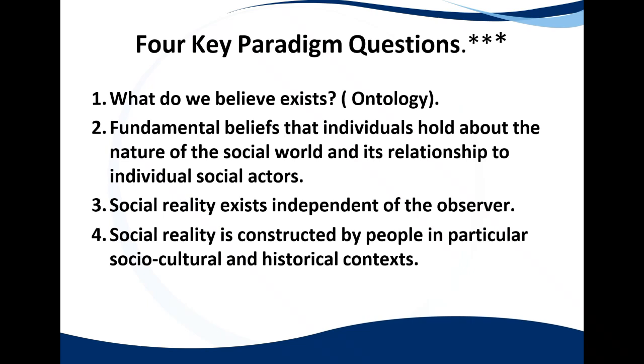Social reality exists independent of the observer, and social reality is constructed by people in a particular social, cultural, or historical context. Now, if you believe these statements about reality, then obviously these aspects is going to play a key role, and how you then look at the phenomena that you are studying through an ontological lens.